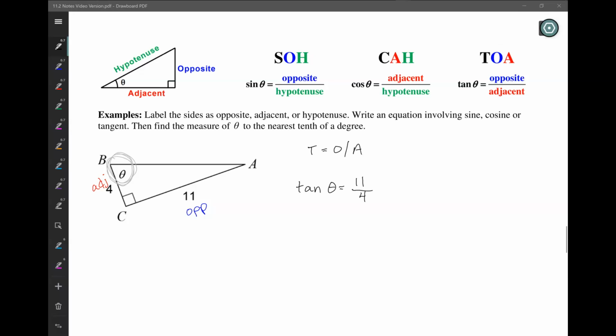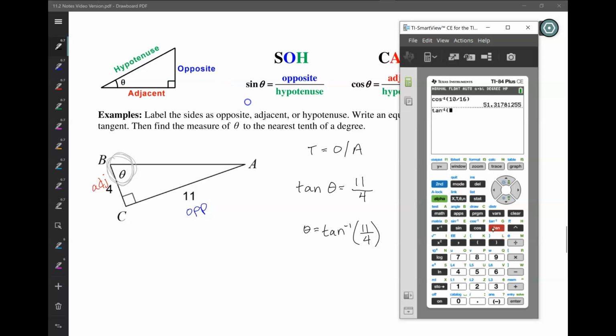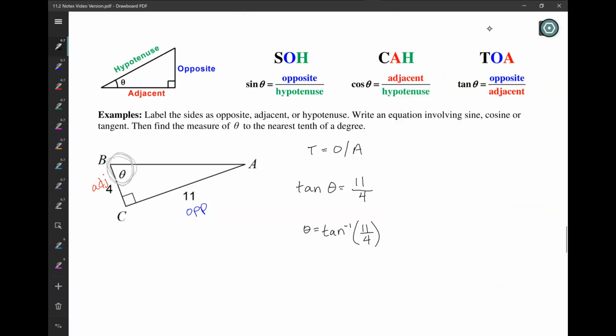Tell me how big the angle is. And the way I'm going to do that is by typing inverse tangent of 11/4 into the calculator. And the calculator tells me the angle is 70.0 degrees.